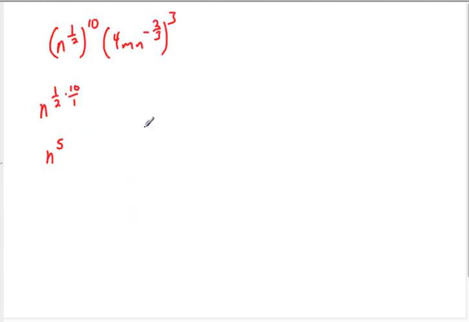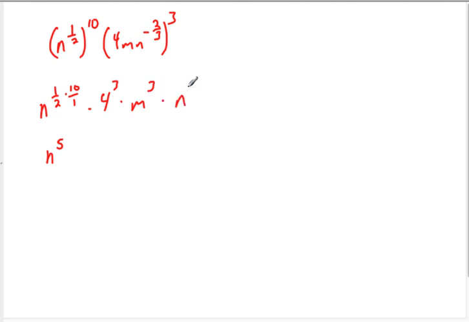Same thing's going to happen here. This negative 2/3 is only in effect with this n here. The 3, however, affects the 4, the m, and the n. So let's deal with those separately. We have 4 to the 3rd power. We're going to have an m to the 3rd power.